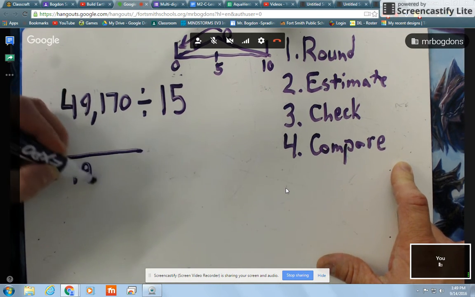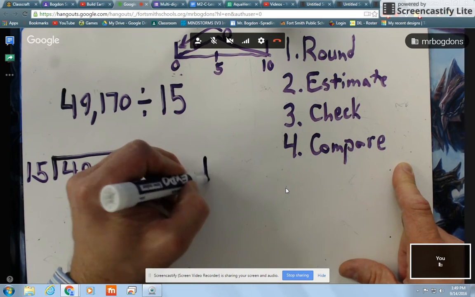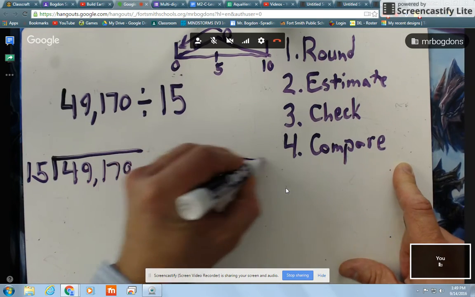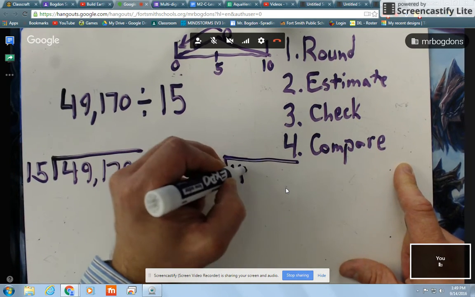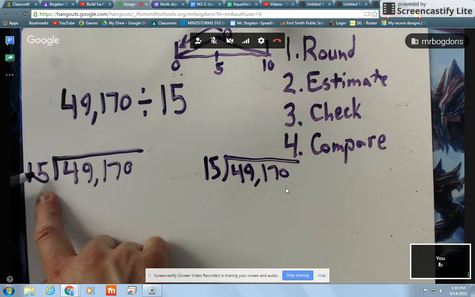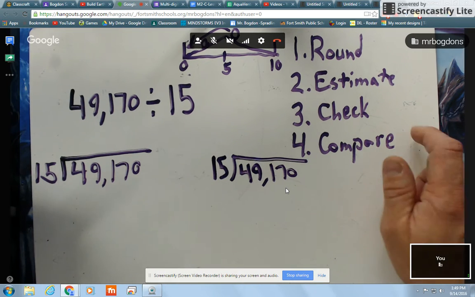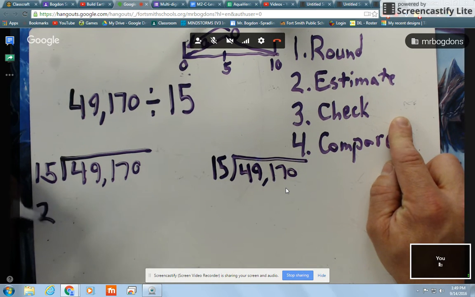I could think about this in two different ways. This could be 49,170 divided by 15. Let's try rounding the 5 up to 20, pardon me.